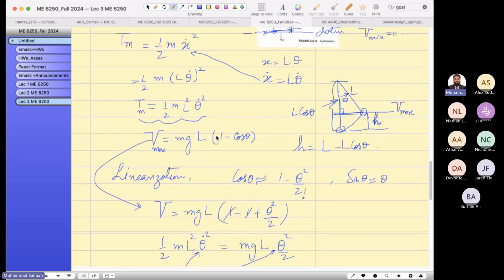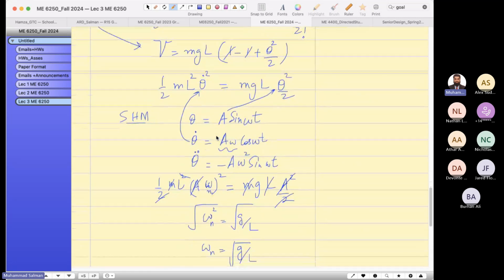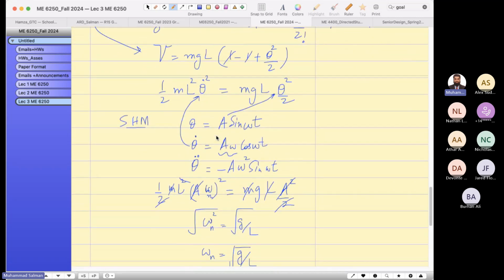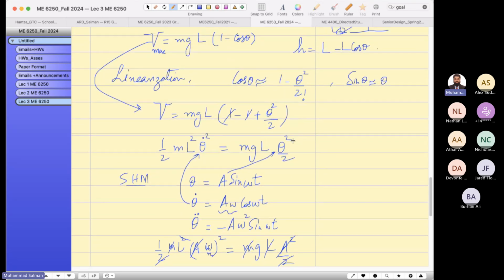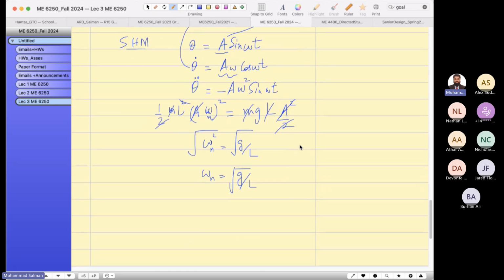So the question was asked, why don't we use sine and cosine in place of the angles? So we will use the maximum amplitude. This is just like the amplitude is going to be replaced here. Don't worry about the sine and cosine waves.